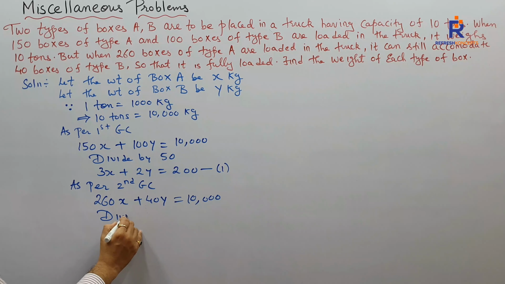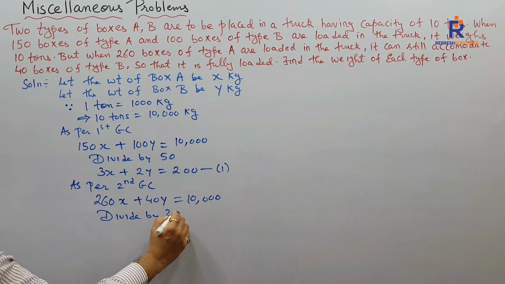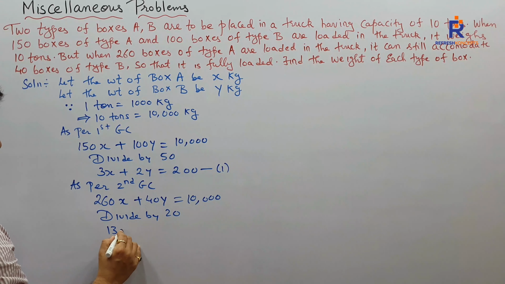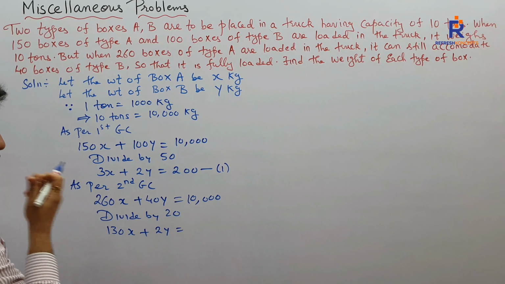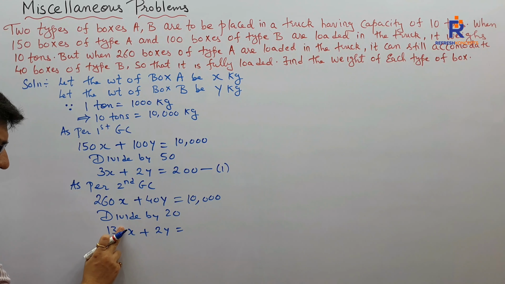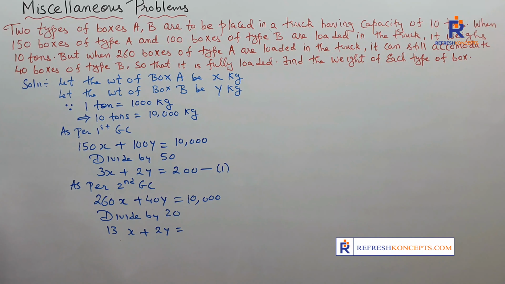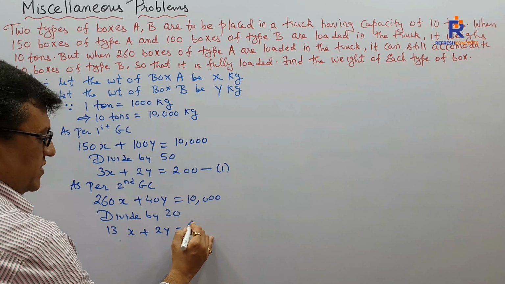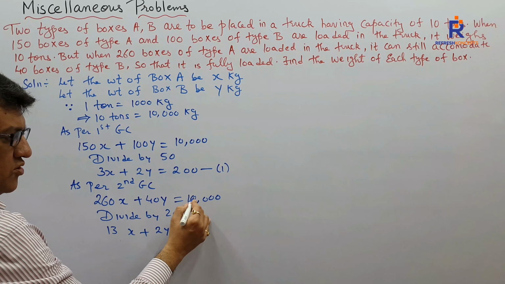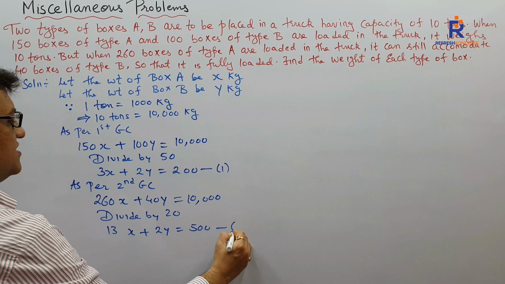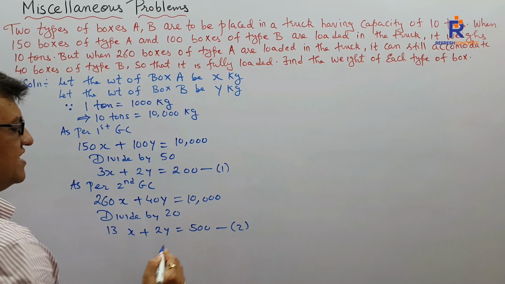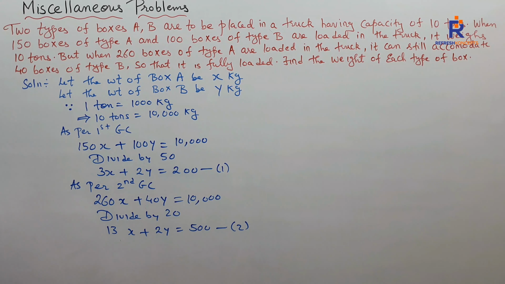Divide by 20. 260 by 20 is 13x, 40 by 20 means 2y is equals to, when I divide 10,000 by 20, it is 500. This is my equation number 2.